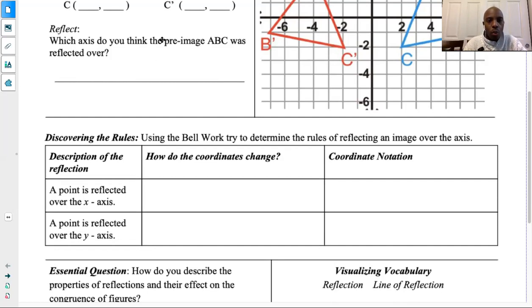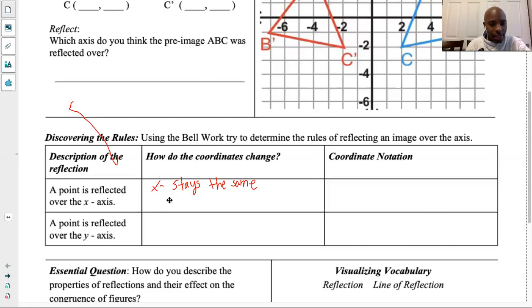So what changes happen to the coordinates when we reflect over the x-axis? So x actually stays the same. Sorry, I keep leaning on this, so it keeps dragging it. The x stays the same. Right? But the y is the opposite.